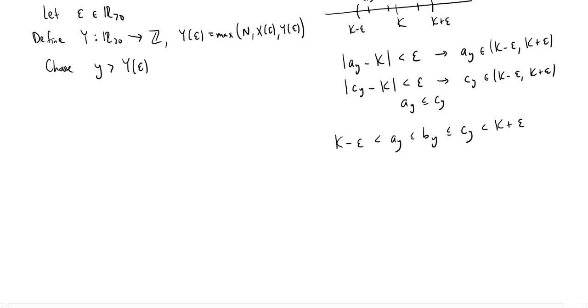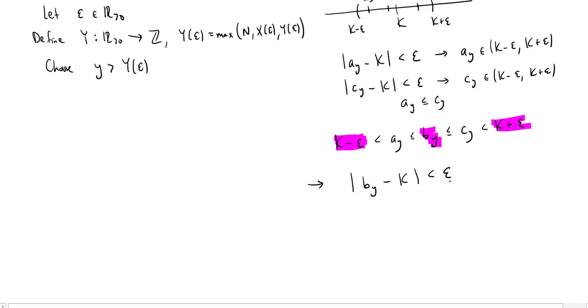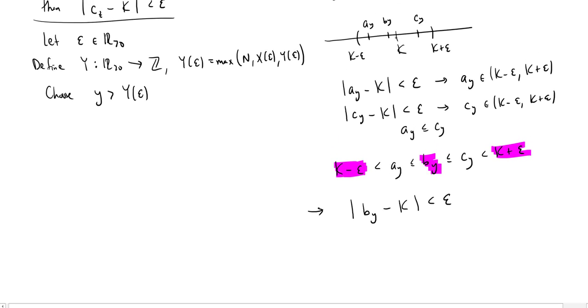And so now we just ignore everything but the k minus epsilon, the k plus epsilon, and the b_y. And if we just look at those pieces, we see this implies that the distance between b_y and k is also less than epsilon. Right? The b_y lives inside this interval, so it can't be more than epsilon away from k.